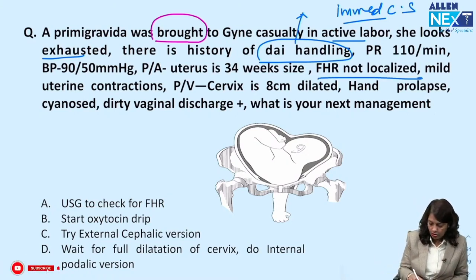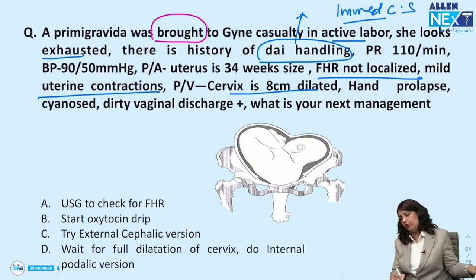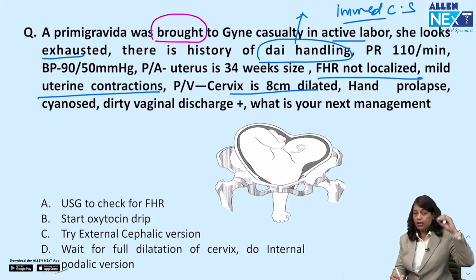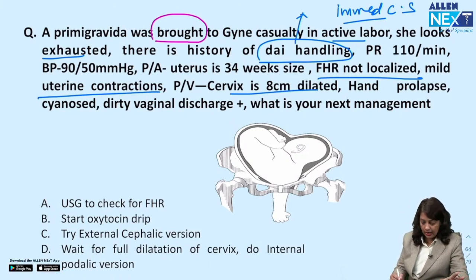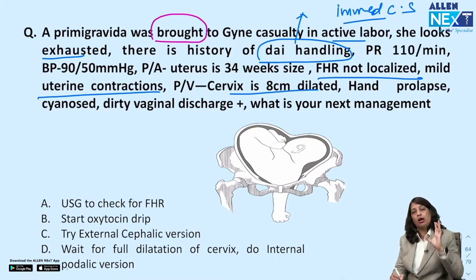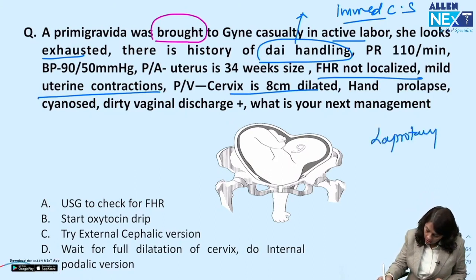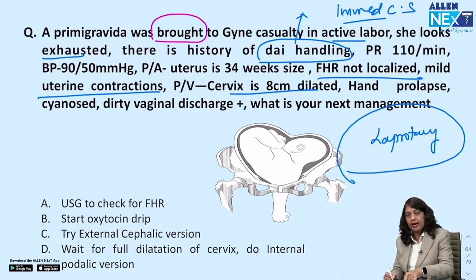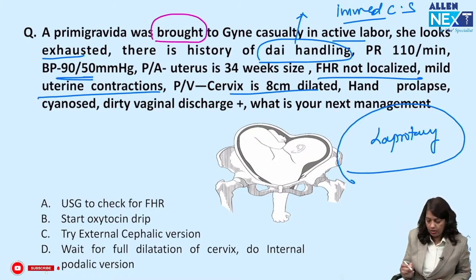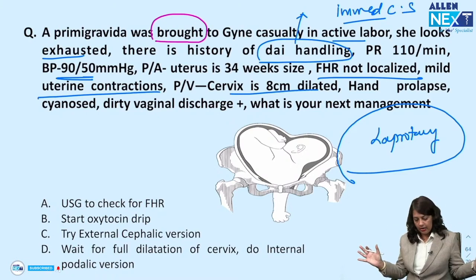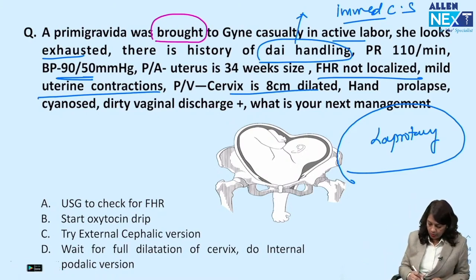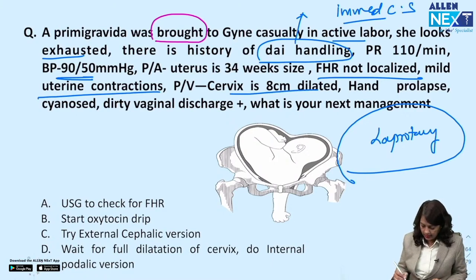So fetal heart is not localized. Don't waste your time in doing an ultrasound. Even if you are not able to feel the fetal heart, whether the fetus is dead or alive, uterus is intact or ruptured, always laparotomy is your answer to such a question. Where thigh handling is written, the patient is brought, she is in shock, and fetal heart rate not localized, I am not going to do any wait and watch, and I am going to do a cesarean section.